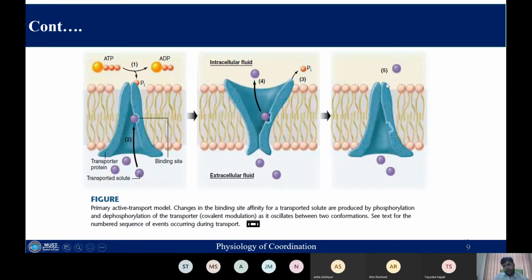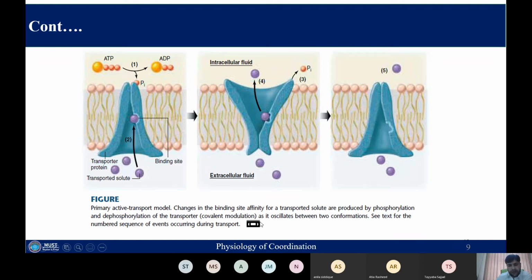That phosphate will bind to and phosphorylate the transporter protein. When the transporter protein is phosphorylated, the binding sites will be available and the solute will easily bind, so the protein shows high affinity. These are the sequence of events which ultimately result in movement of molecules from lower concentration to higher concentration.